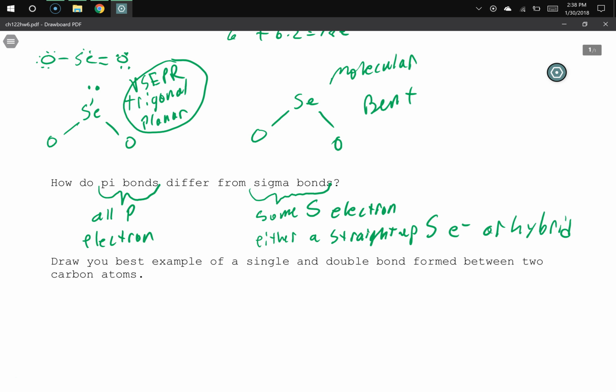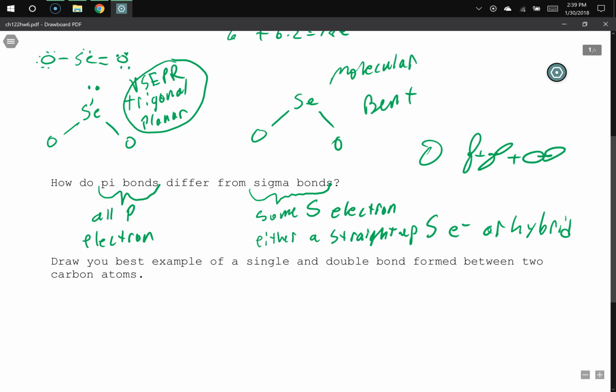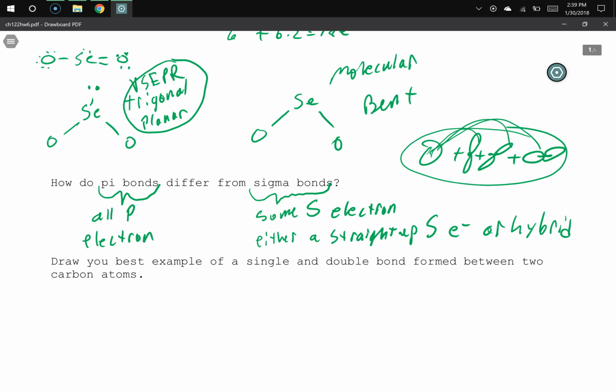And the sigma bonds are electrons that either are just a straight s, like in the hydrogen atom, or some kind of hybridization, like in the carbon atom where I've got an s and 3 p's, or an s and 2 p's, or an s and a p. And so there's some s characteristic that's been added into it. If I take the sphere and add these things all up, this is going to constitute 4 sigma bonds because I've added some s into each one of these p orbitals.